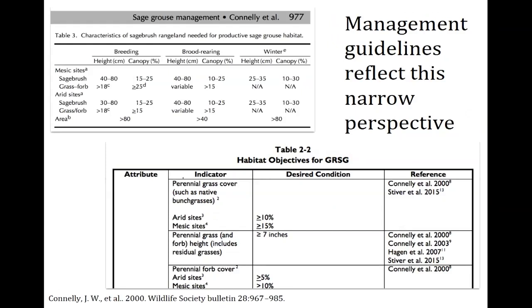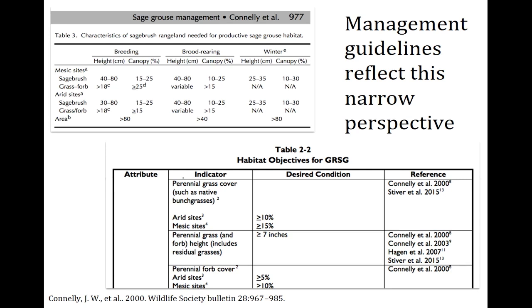So it should come as no surprise that when management guidelines for sage-grouse were developed about 20 years ago now, they reflected this fairly narrow perspective in terms of scale of how we look at habitat. Anybody who's done any work with sage-grouse or even sagebrush ecosystems is probably familiar with this table on the top here. This is from what are generally called the Connelly guidelines.